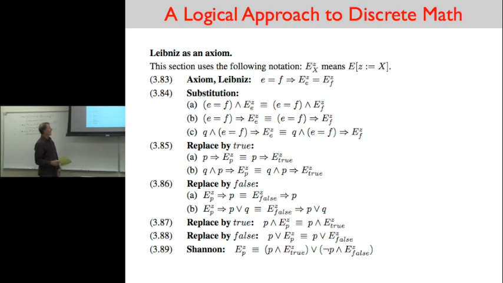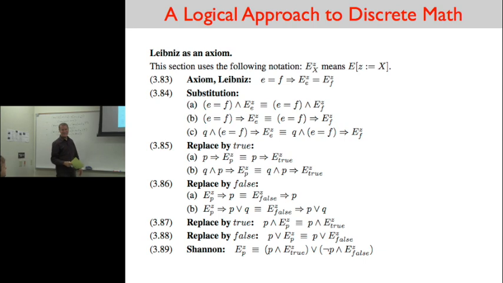Now we're going to use substitution with our little Leibnizy thing. So what does it say? If E equals F and E was replaced by E, that equals E equals F and E was replaced by F, right?